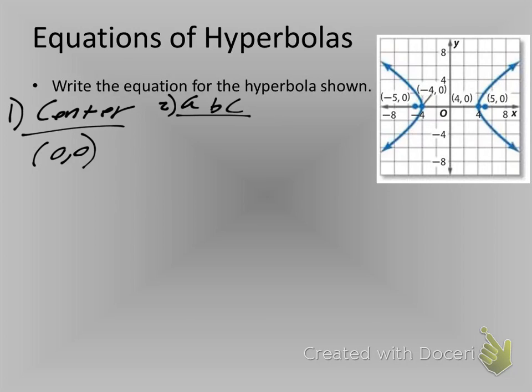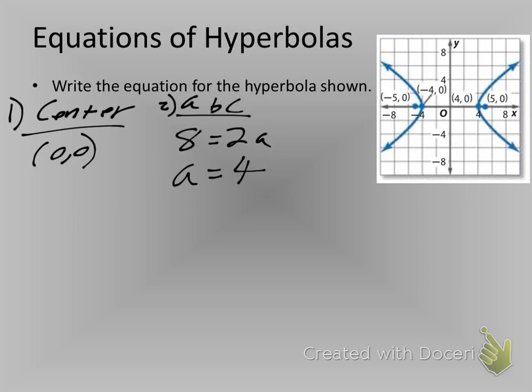Find a, b, and c. Okay, so a, you find it by getting the distance of your transverse axis, which goes from negative 4 to positive 4. So the distance is 8. Transverse is 2a, so a is 4. Now, b is your conjugate axis, same way as your minor axis from ellipses, yes?